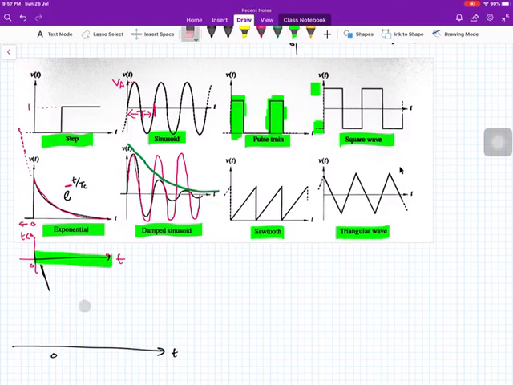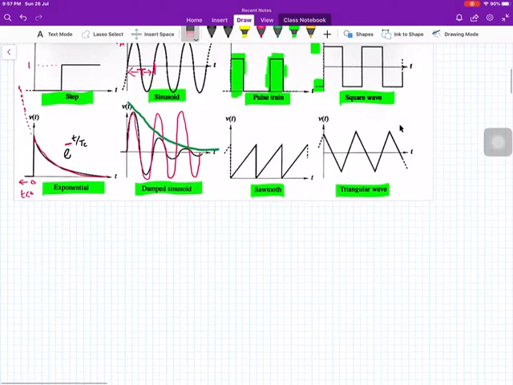Now I will introduce a few basic signals. So this is a signal or function, the step function.